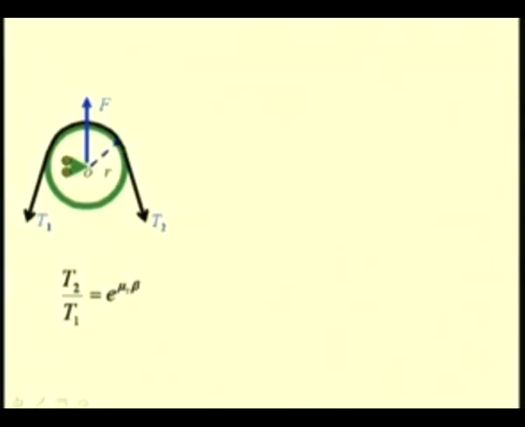So, that is why this picture shows that the support in this pulley is on a roller and can be fixed at this point. Let us say R being the radius of the pulley, then for the impending slippage case, we have the relation between the tension in the tight side to the tension in the slack side as e power mu s beta, beta being the angle of overlap.